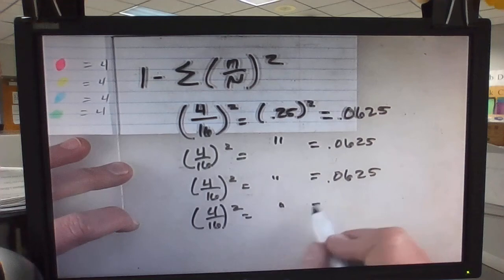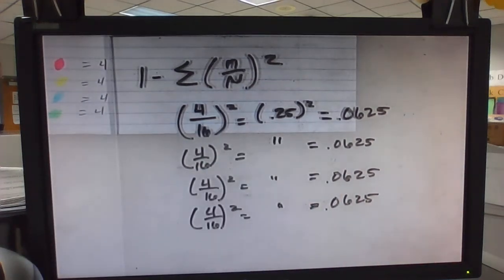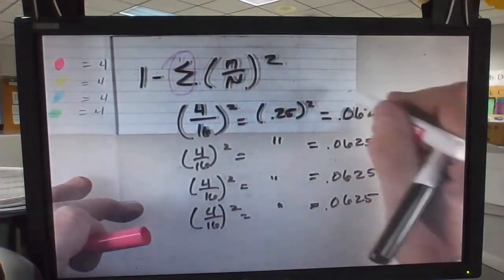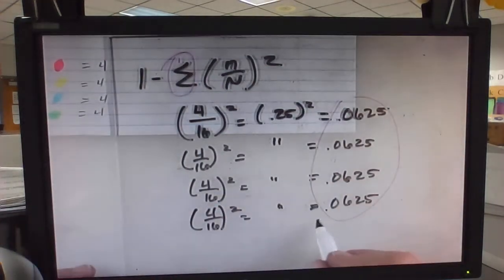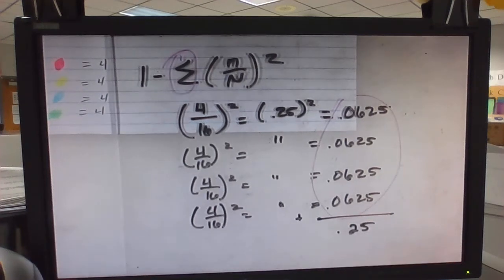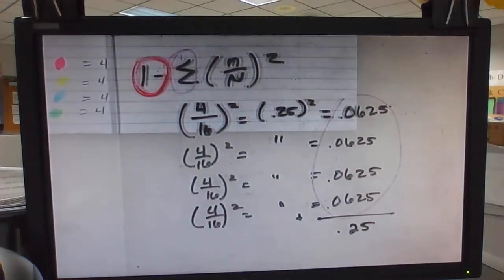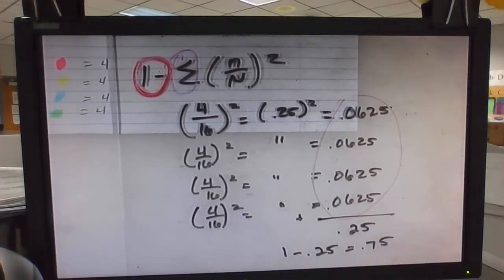Same thing as above, 0.0625. And got to do the sum, so I've got to add all these together. When I add all of these together, I'm going to get 0.25. Then I have to do the 1 minus part. 1 minus 0.25 equals 0.75. And so that's our Simpson biodiversity index value.